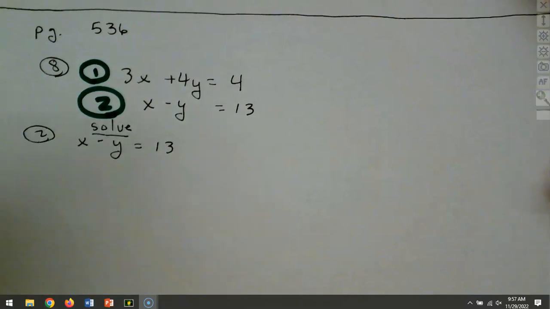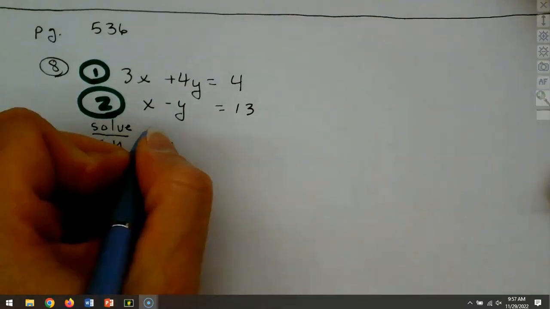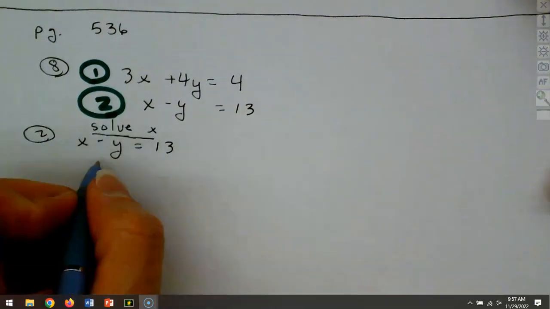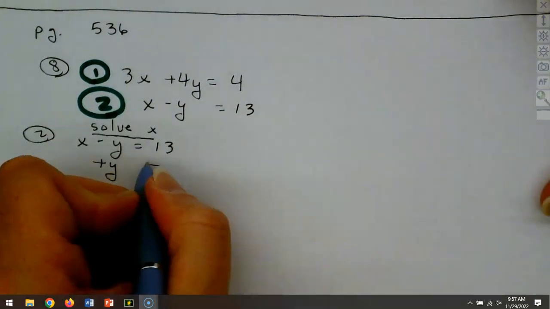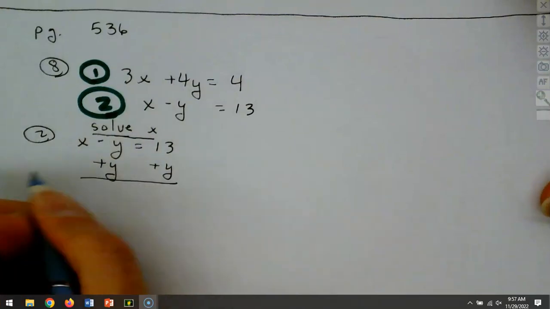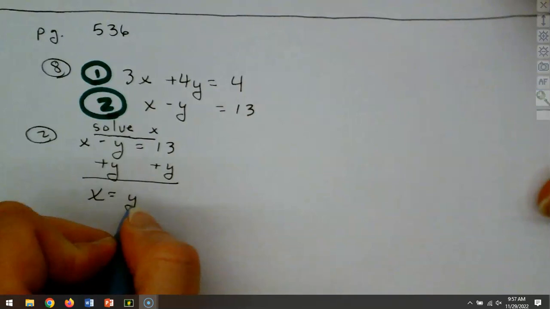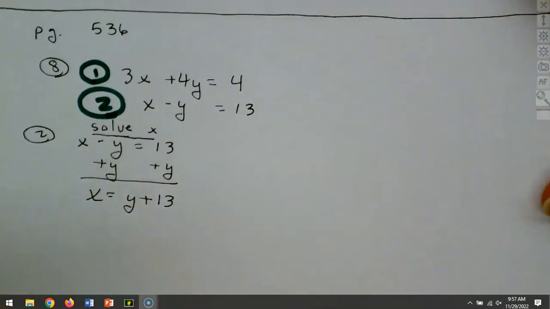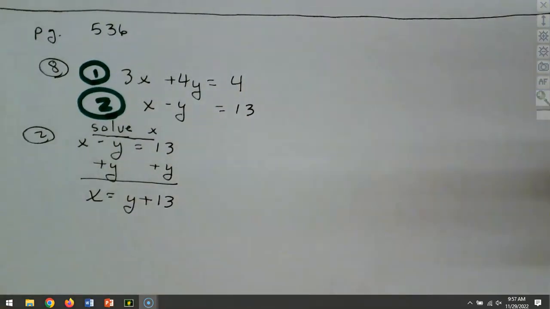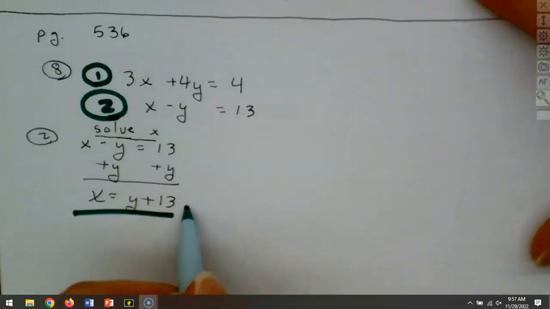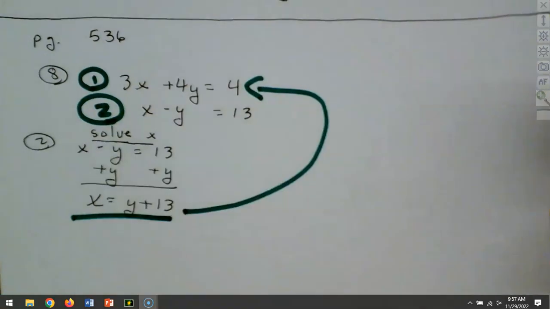So let's take our second equation and let's solve this for x. You can solve it for either variable, doesn't matter, but I can easily solve this for x. So we'll add that y over, and so now we get x equals y plus 13. So this is part of it, and now we take this and we plug it into the first equation.